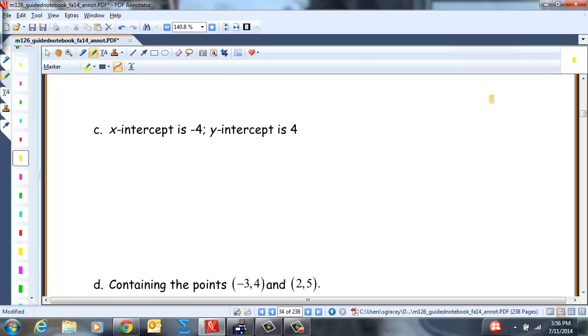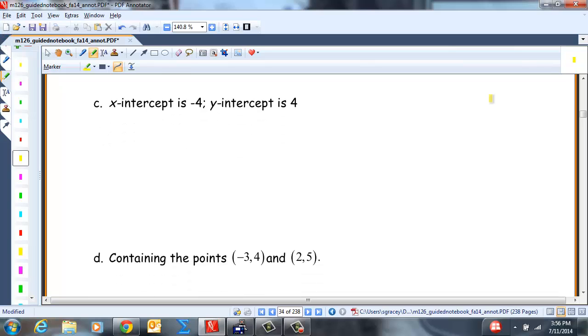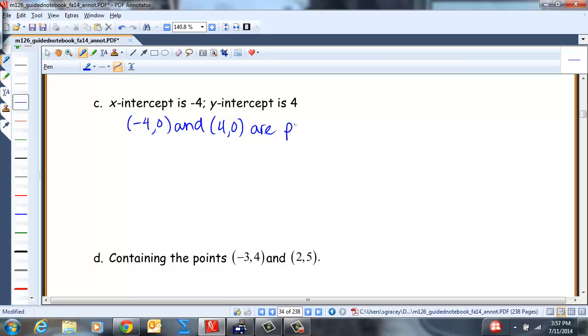Okay, so now what have we been given for part C? We've been given the intercepts. So why don't we write that in a more illuminating format? This means that -4, 0 is a point on the line, and 0, 4, both of these are points on the line. So let's just go ahead and muscle through.